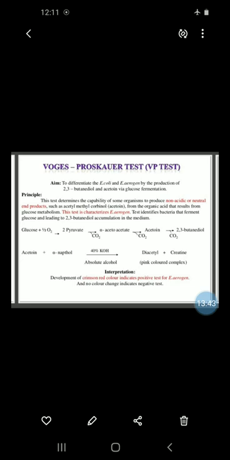We will see the reaction. The glucose plus oxygen gives pyruvate, then carbon dioxide, alpha acetolactate, then acetoin and 2,3-butanediol.